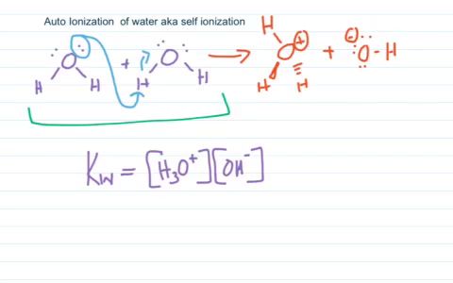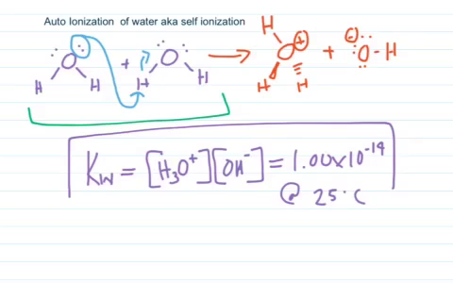Now one thing we do need to know is that Kw is equal to 1.00 times 10 to the minus 14th at 25 Celsius. This is very important to remember, and it's an equation you will need to know.